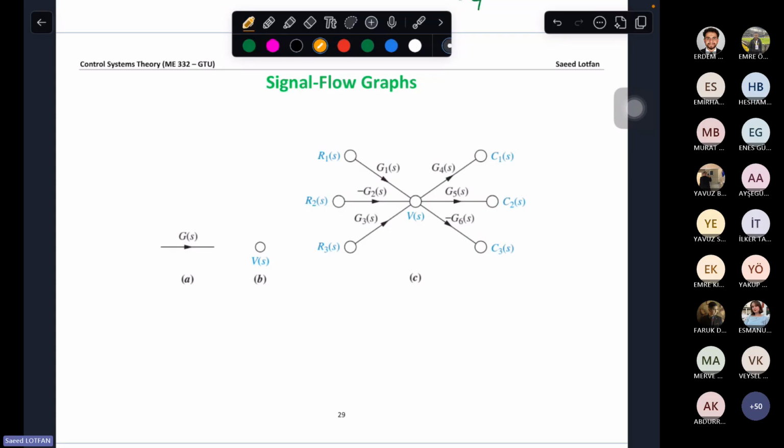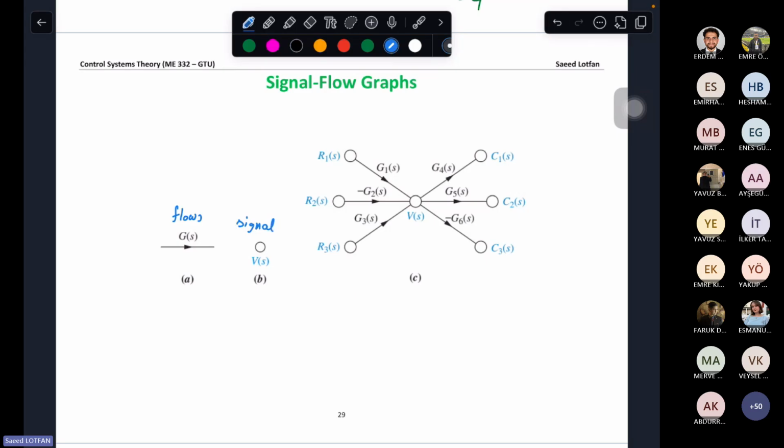We are just showing a different kind of diagram of the system. In this case, blocks G's, that is transfer function G's, are shown with flows, and signals are shown with circles.